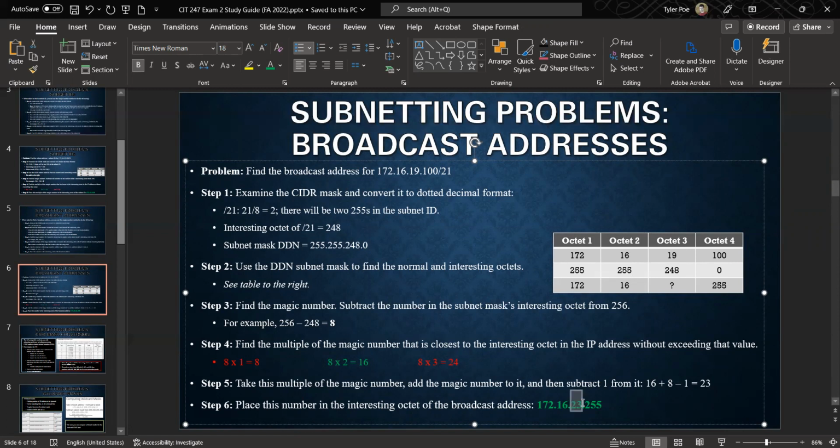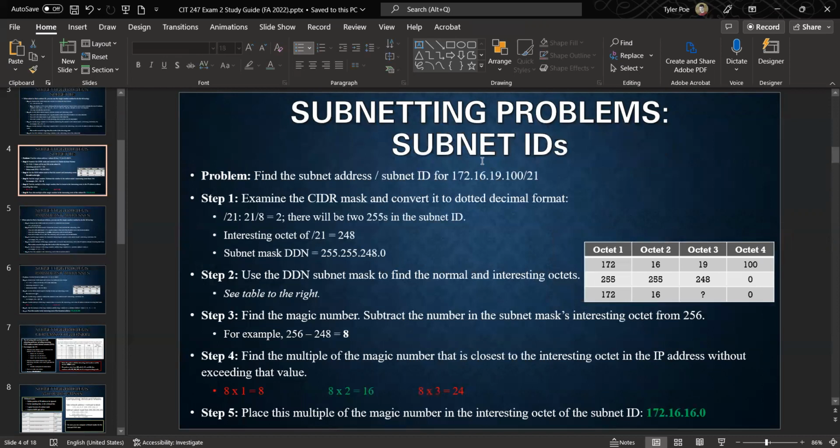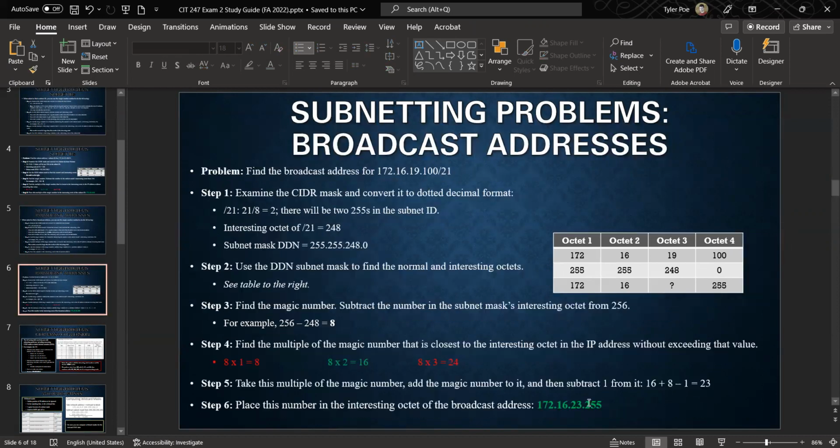And we throw that into the interesting octet of the broadcast address, and we've solved it. So the subnet ID for this address is 172.16.16.0. Its broadcast address is 172.16.23.255. So that's how you solve for broadcast addresses and subnet IDs.